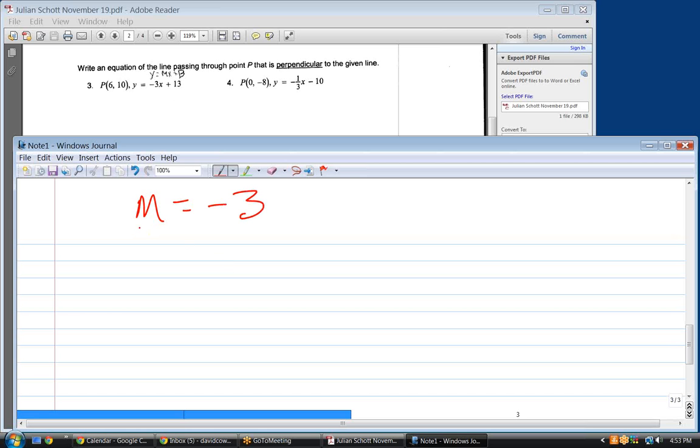What is the slope of the perpendicular line to that? Positive 3? Remember, perpendicular is the what? The opposite? The negative reciprocal. Oh, yeah. 2 words, meaning there's 2 actions needed. So what's the reciprocal of 3?